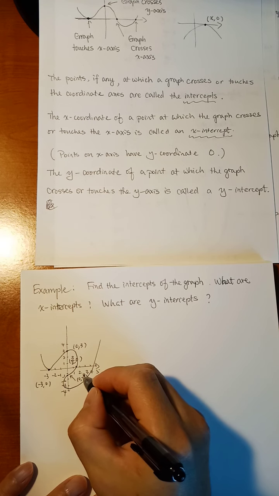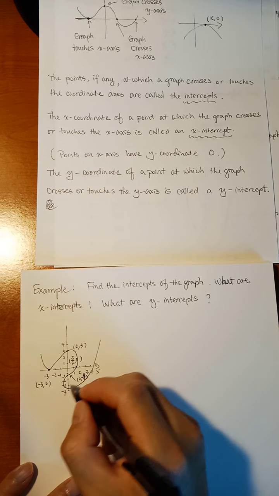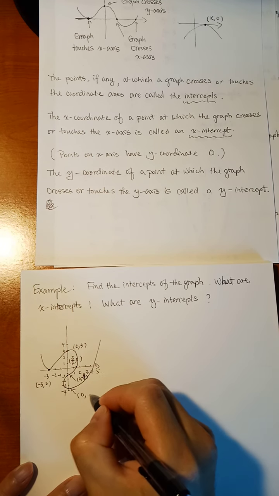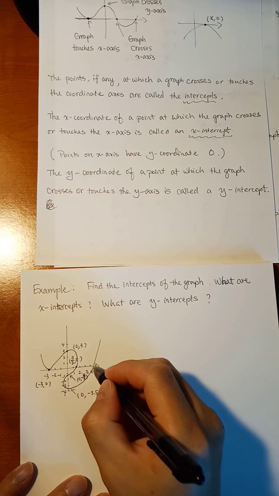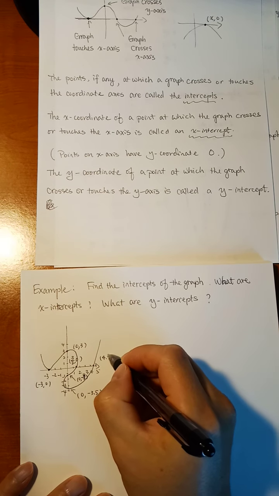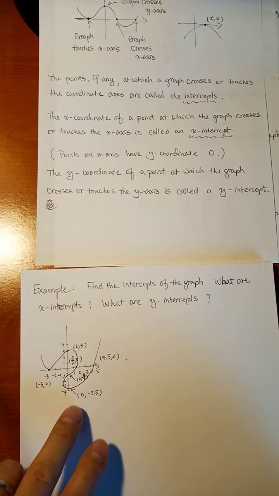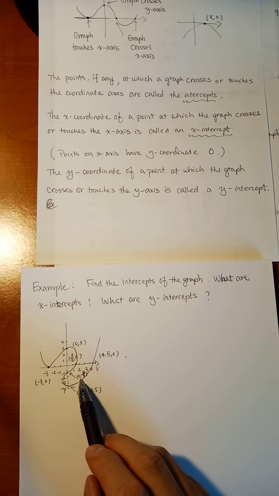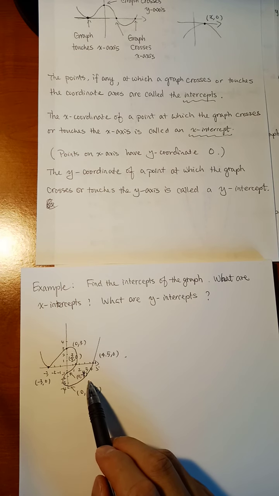Sorry, 0, comma, negative 4 over 3. This is 0, negative 3.5. And this point is 4.5, 0. Okay, so assume I have a clear picture of it.